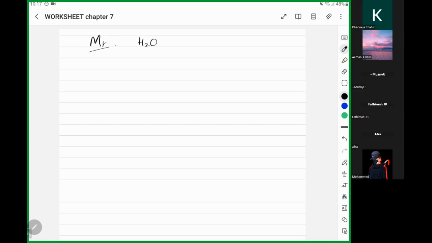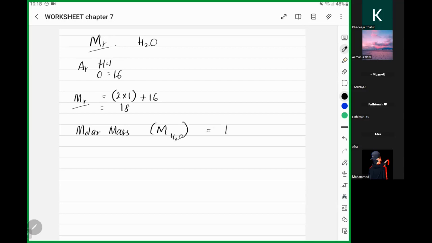To find the relative molecular mass, we take the relative atomic masses of hydrogen, which is 1, and oxygen, which is 16. Mr stands for relative molecular mass. Therefore, it will be 2 into 1 plus 16 because there are 2 hydrogens. So you get 18. The molar mass, which is given by the symbol capital M, you can put H2O because it's for water, will be 18 grams per mole.